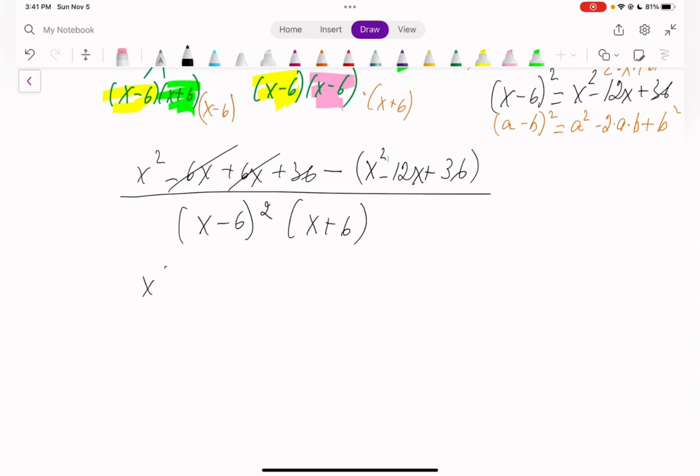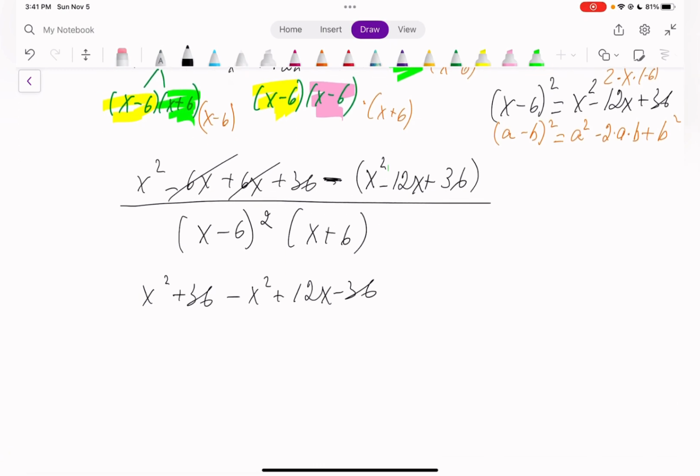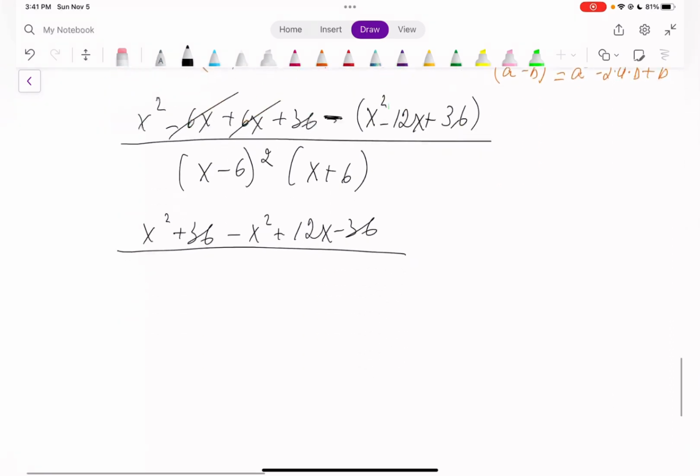So x squared plus 36, with a negative sign in front. I flip every single sign in parentheses: minus x squared plus 12x minus 36. As you can see, a negative sign in front of parentheses is treated like a negative sign in front of a fraction, yeah.